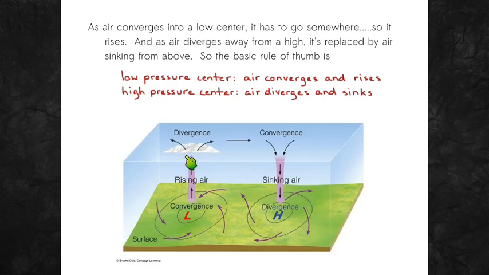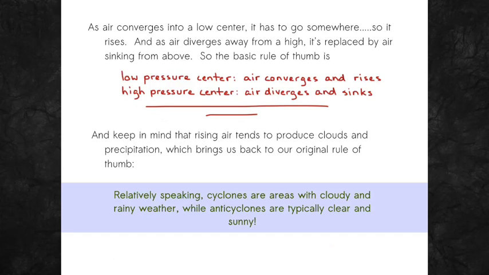Now this is important because if you remember when we talked about clouds, the way you get clouds is have rising air. Places that have rising air tend to be cloudy, whereas places that have sinking air tend to be clear. So, relatively speaking then, cyclones or low pressure centers which have rising air above them are going to tend to be cloudy places.